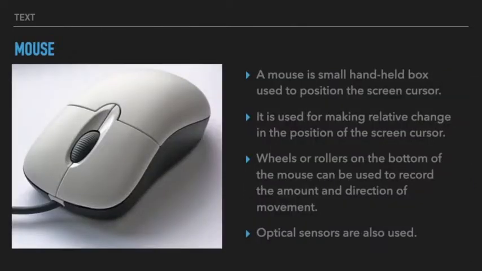Then mouse. Everybody knows it's a small handheld box used to position the screen cursor. Here we have an image of a mouse. It is used for making relative change in position of the screen cursor. There are wheels or rollers on the bottom of the mouse that can be used to record the amount and direction of movement.